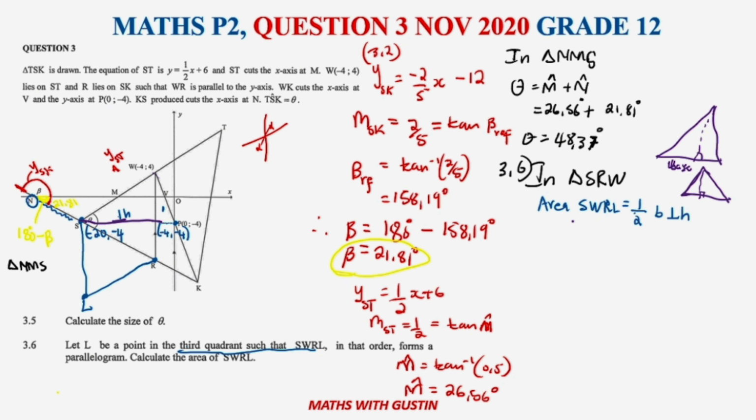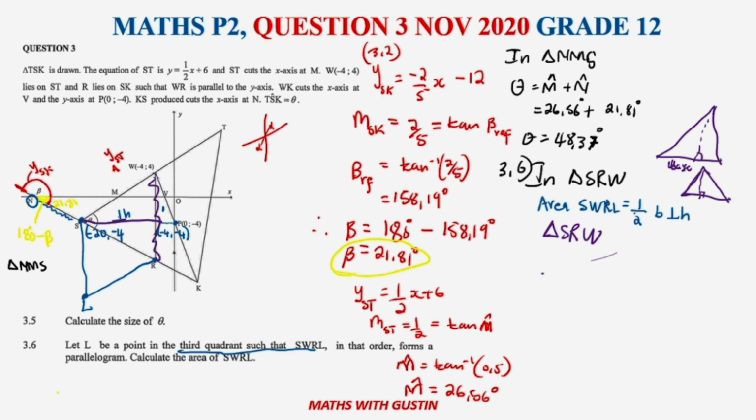So now what you can do, instead of doing it the other way around, I just checked now, I found a simpler way of doing it. You can say, okay, this triangle here is half of the other one. Sorry, my drawing is not up to scale, but you can calculate the area of this triangle SRW once you have got that perpendicular height, and then the base would be this one here.